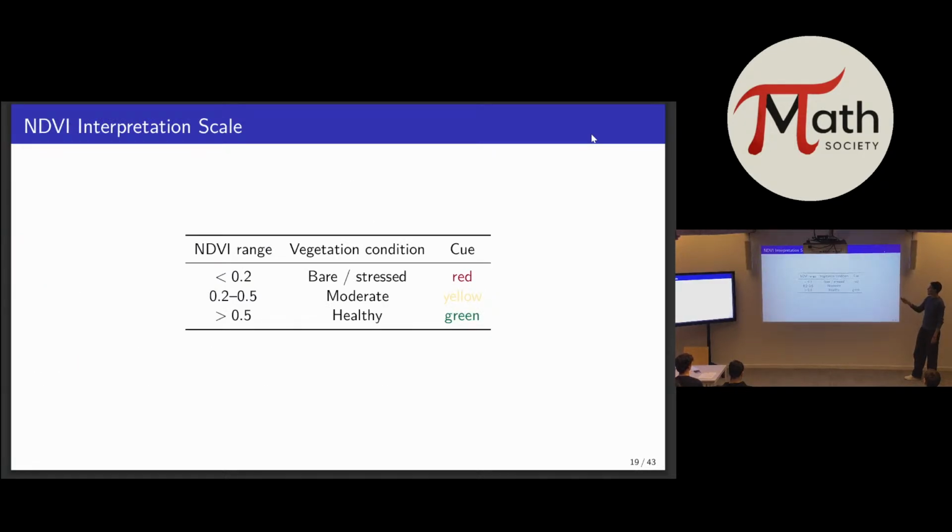Here is an NDVI interpretation scale. This is what the agronomist has. If the NDVI is less than 0.2, the vegetation is stressed, so it gives us a red sign. If it ranges between 0.2 and 0.5, it's moderate, a yellow cue. And if it's above 0.5, it's a healthy green cue.